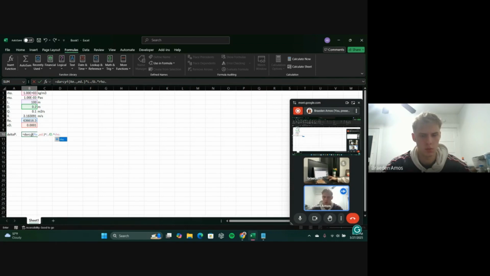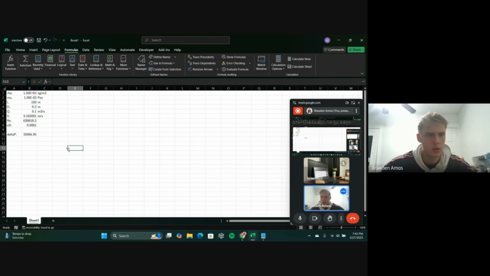And then we multiply that by velocity squared over 2. I think that needs parentheses here. So I think that is our delta P, our change in pressure.